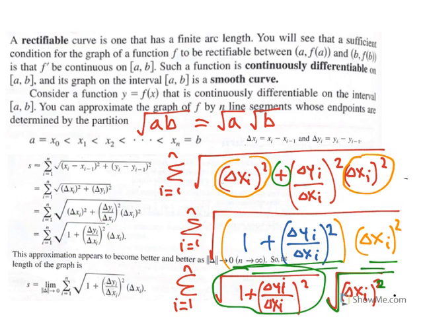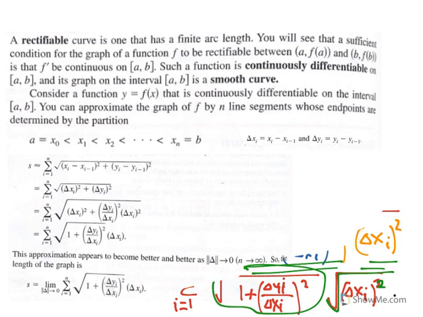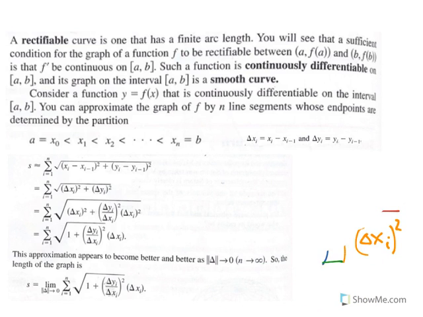So now we have a Riemann sum. We have the sum of products, and one factor in our products is delta x sub I. We need that, because now we're going to take the limit of this Riemann sum as the norm of the partition approaches 0, and if that limit exists, it will give us our definite integral.